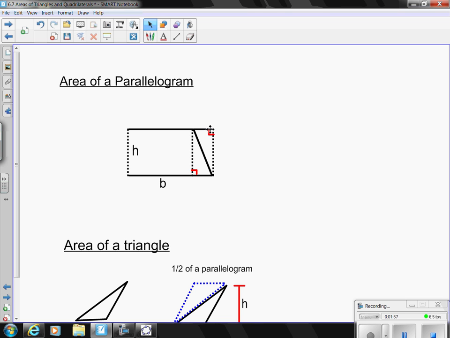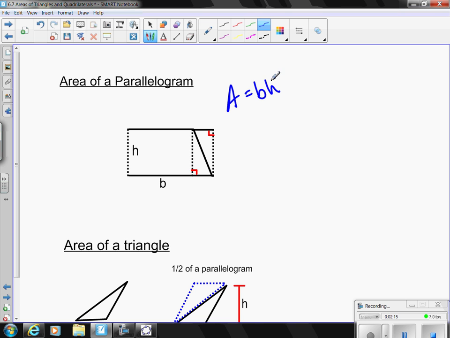I can move it over here and form a rectangle. So the area for a parallelogram is also the base times the height.